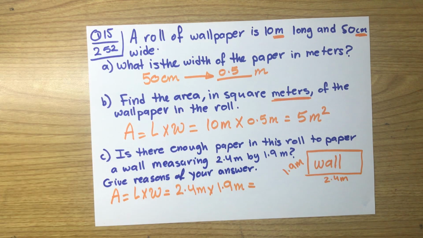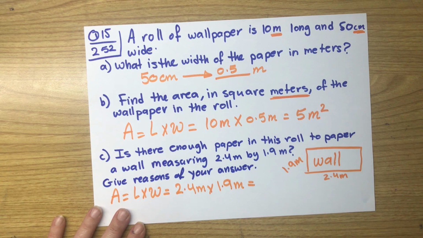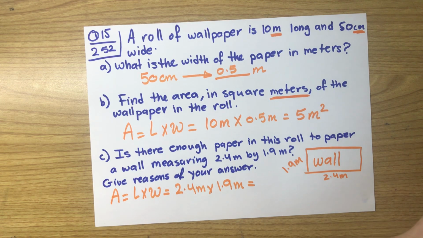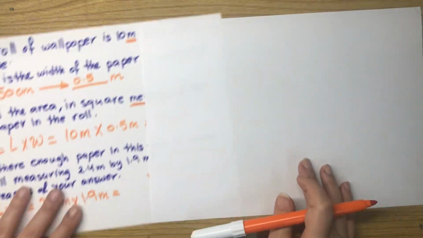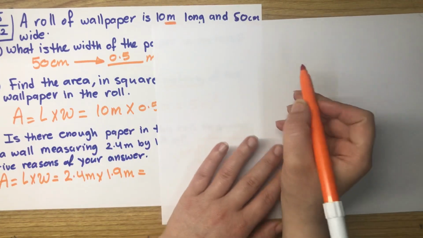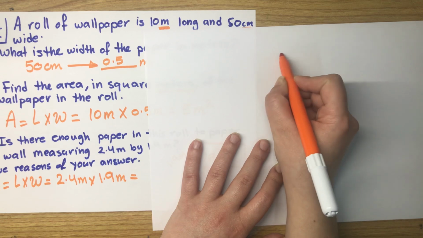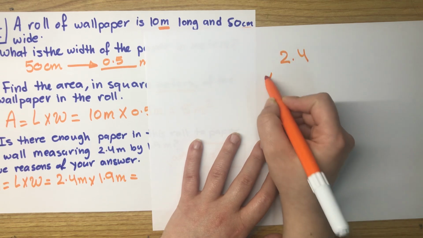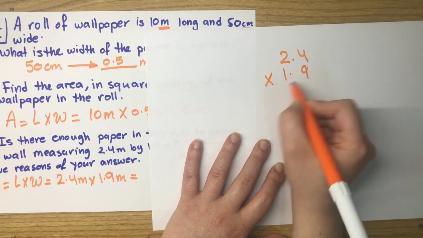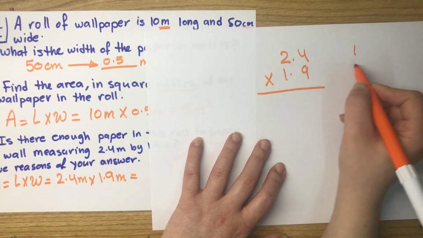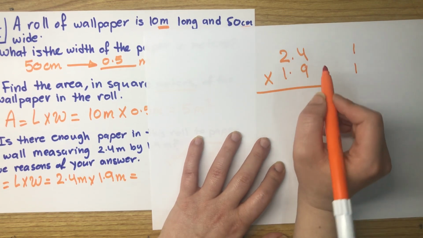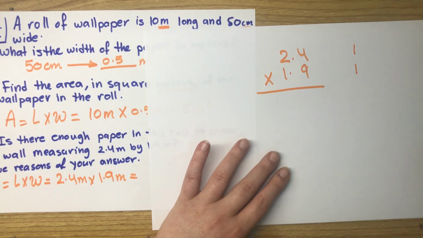Okay, on this occasion, I'm going to let you revise the way that we multiply decimal numbers. So we have 2.4 times 1.9. Okay, so how many decimal places? 1. How many decimal places? 1. Now we multiply the way that we used to do.